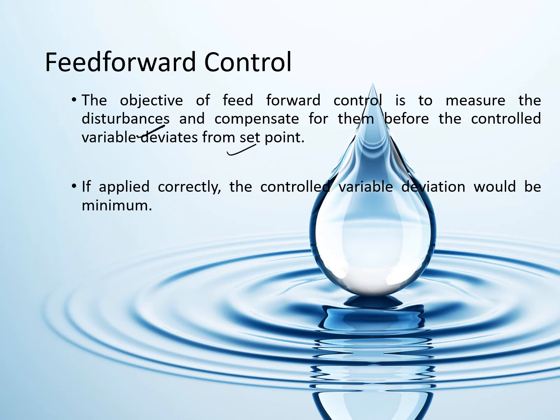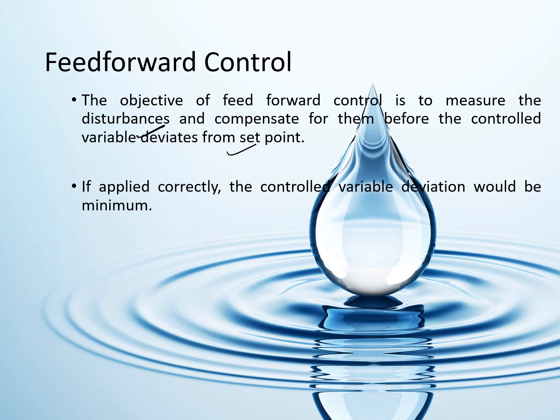As compared to the feedback just now, for feedback we do not consider any other variables such as disturbance. The controller just measures the process variable or control variable and makes a correction based on the deviation of the process variable from the set point.